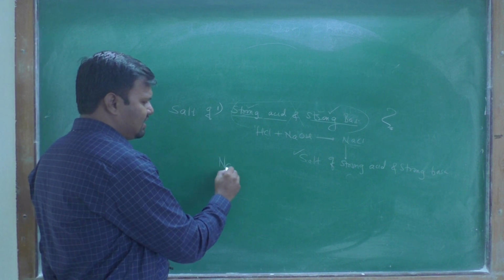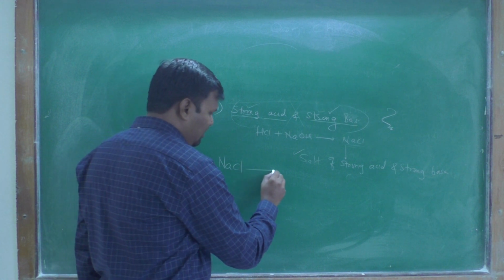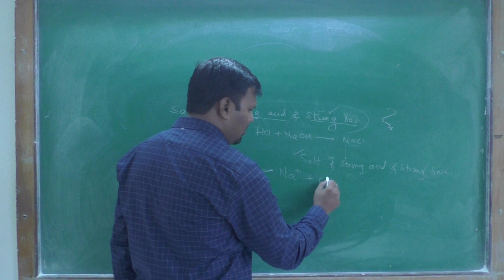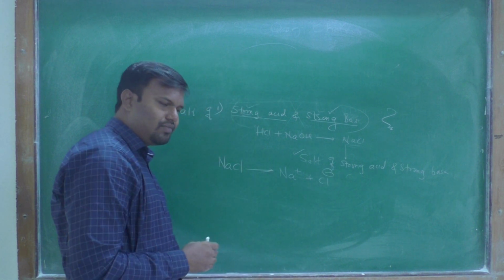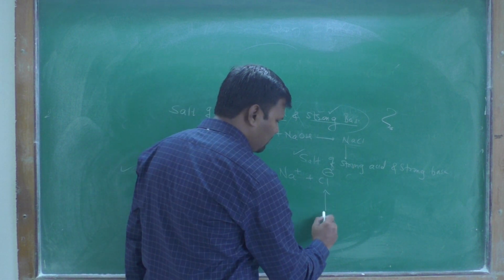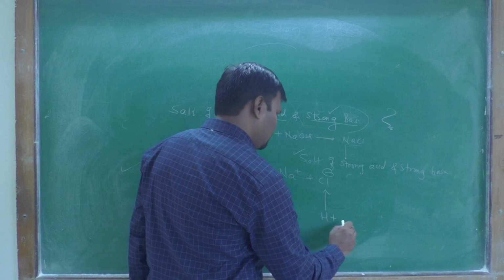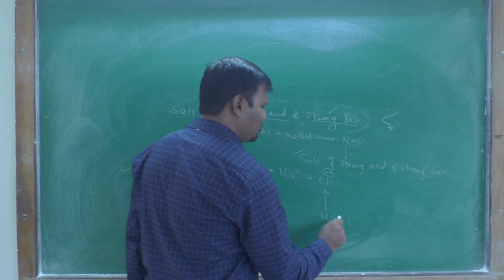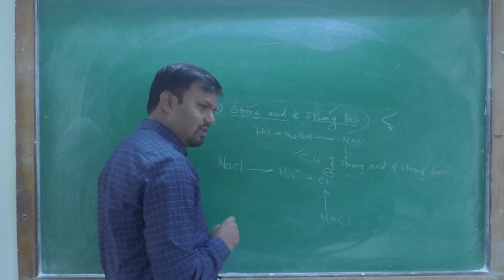When you take NaCl, it gives the ions Na plus and Cl minus. Okay, for understanding purposes we have written it like that: from HCl you obtain the Cl minus ion.